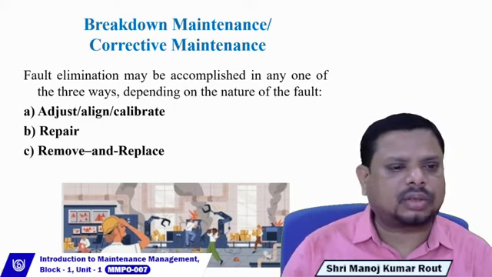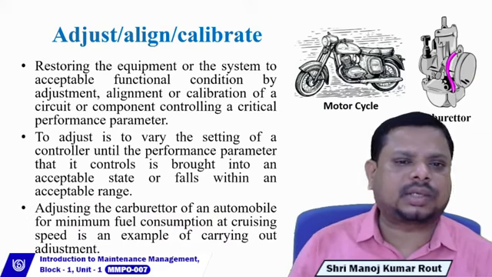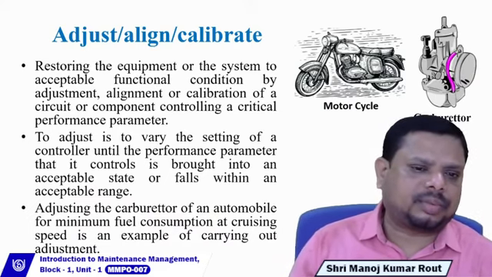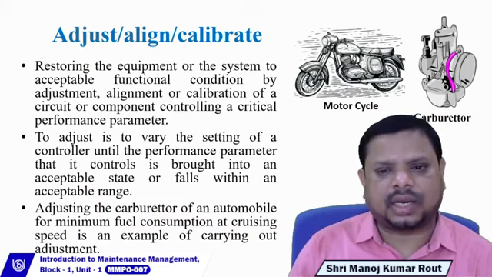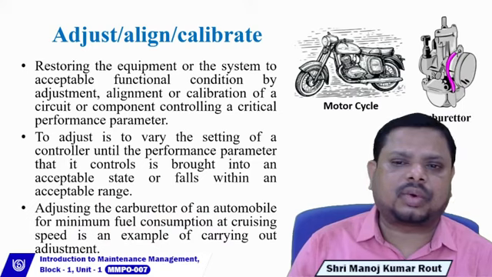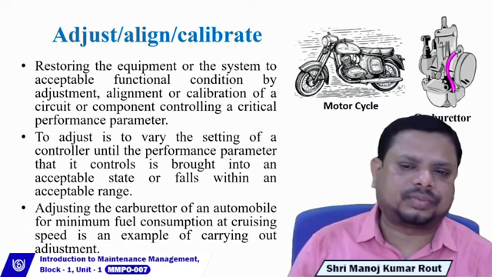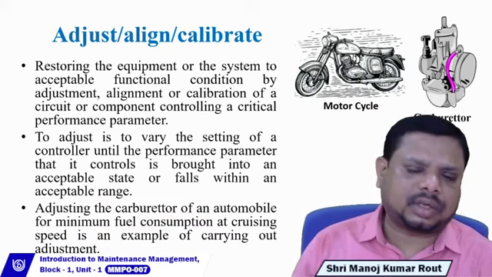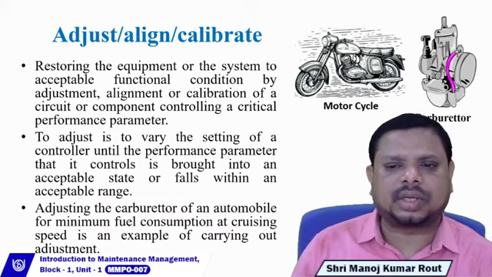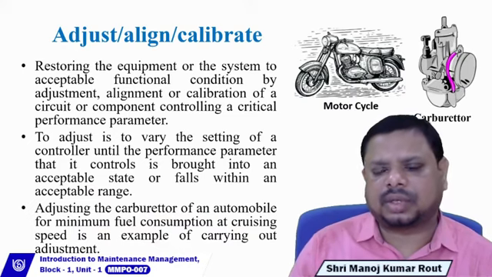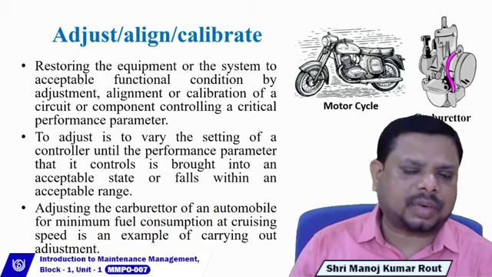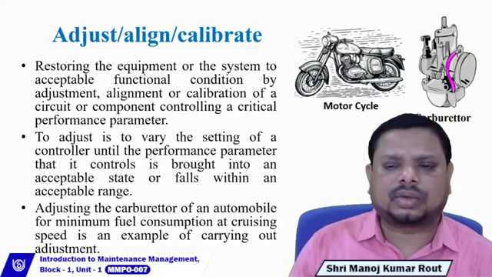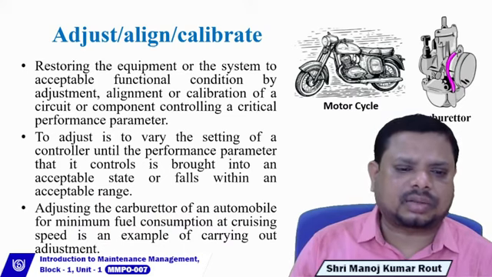Moving to the next one, we will discuss adjust, align, and calibrate. Before discussing this point, let's take the example of your own motorcycle. If you take the entire system of a motorcycle, there are different subsystems: wheels, engine, transmission parts, ignition parts, and carburetor. Let's take the small example of the carburetor.